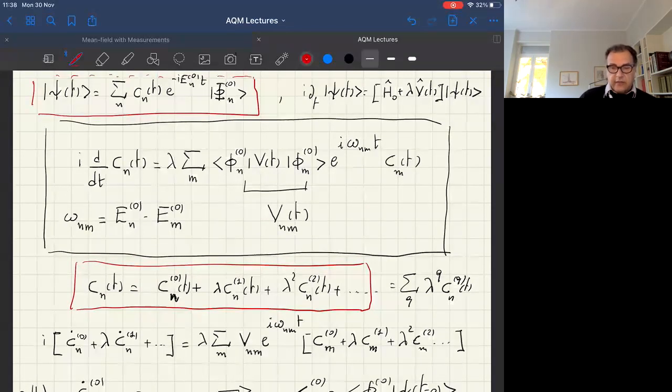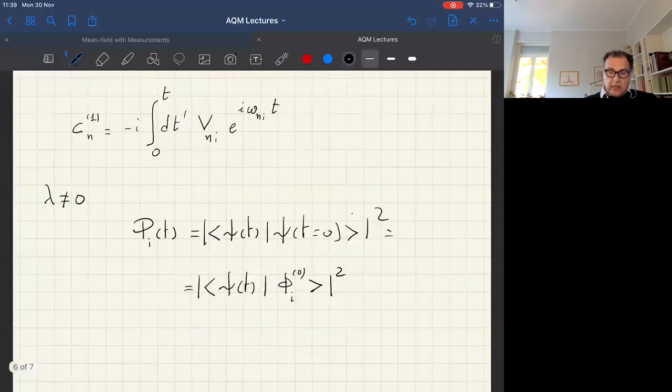So in first order perturbation theory, so in zero order, we just saw that C0 is just a delta function, okay? Which means that you are going to find always the system in the same state. Now, in general, let's compute this, okay?